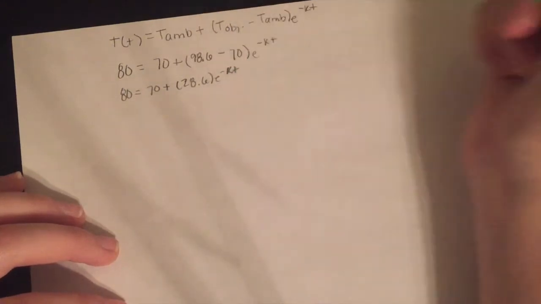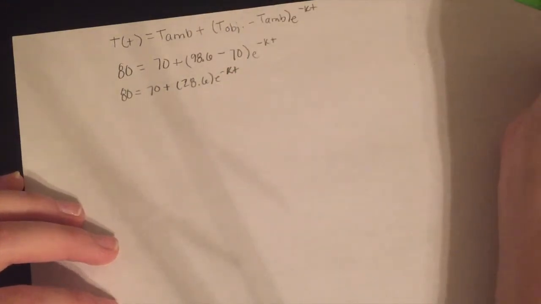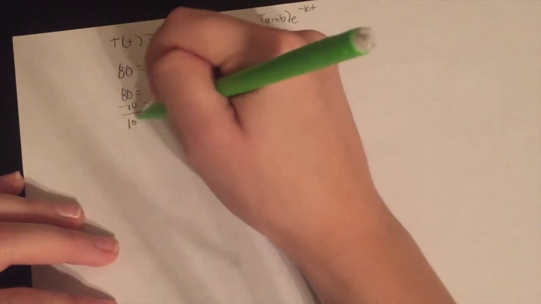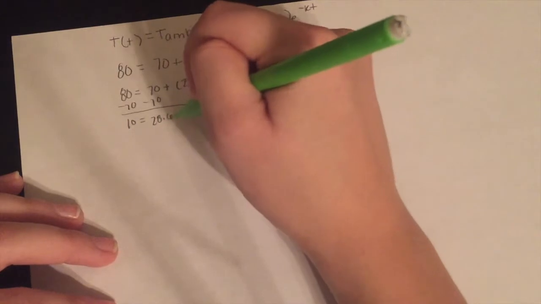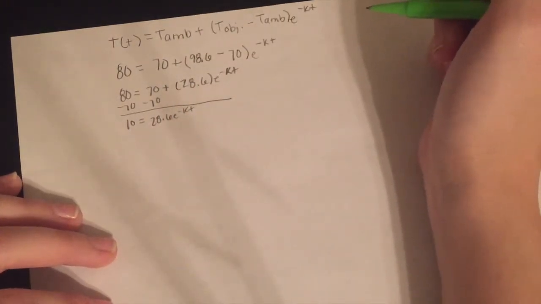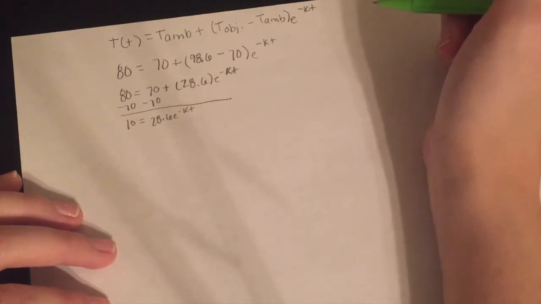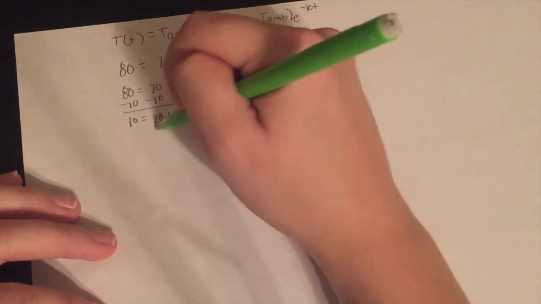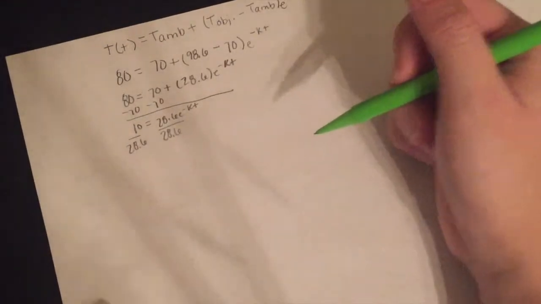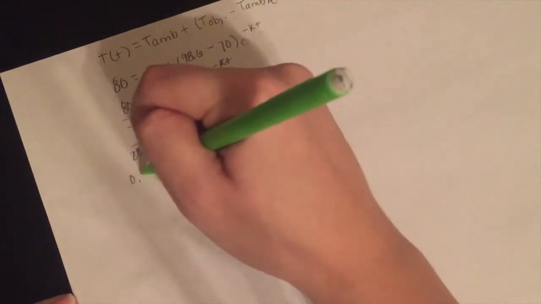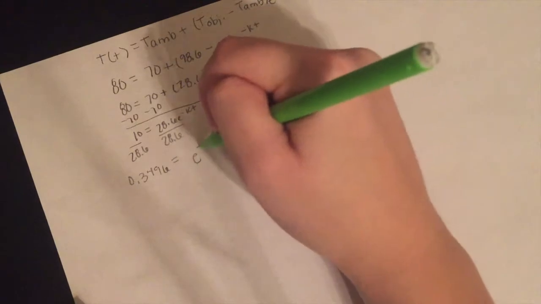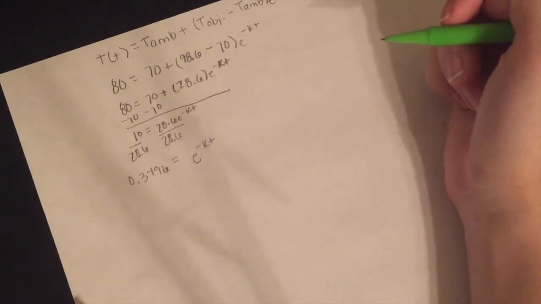And then we subtract 70 from each side, so it's going to be 10 equals 28.6e to the negative kt. Then we divide each side by 28.6. So 10 divided by 28.6 is going to be 0.3496, and that's going to be e to the negative kt on this side.